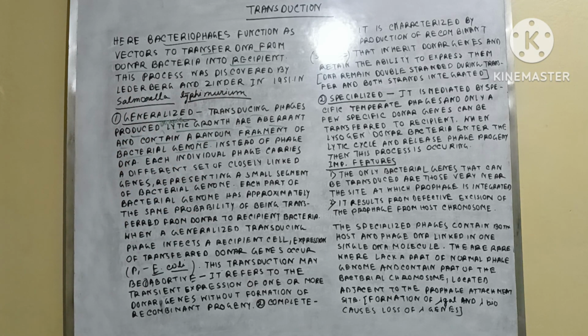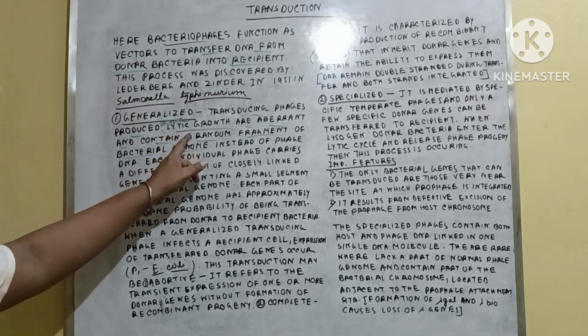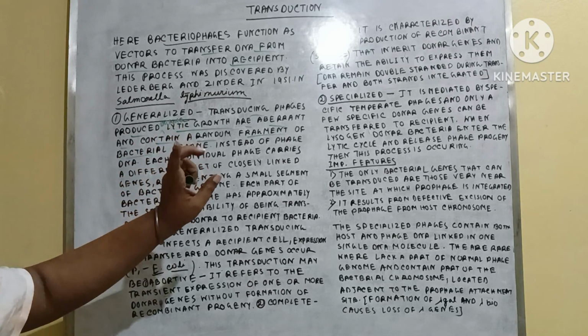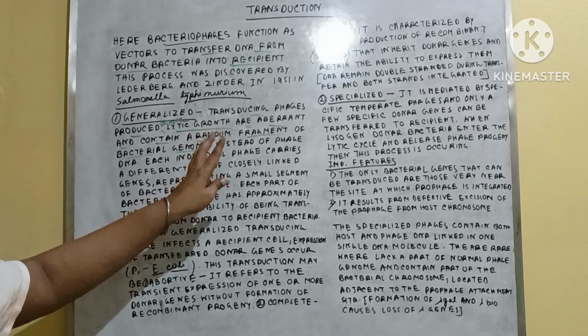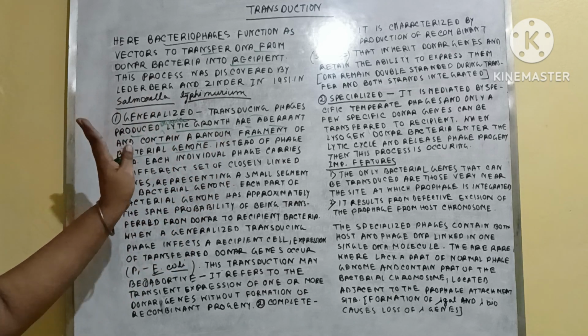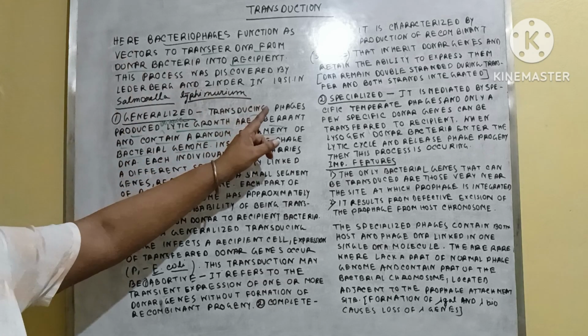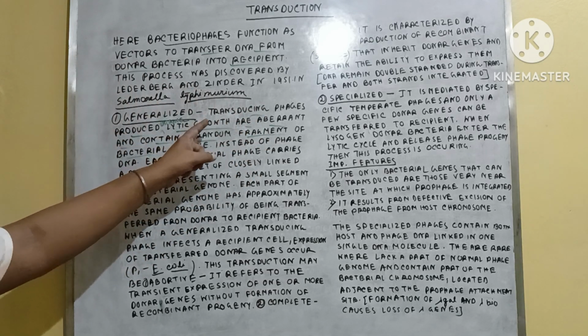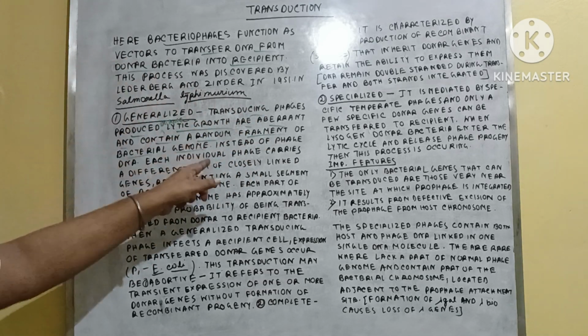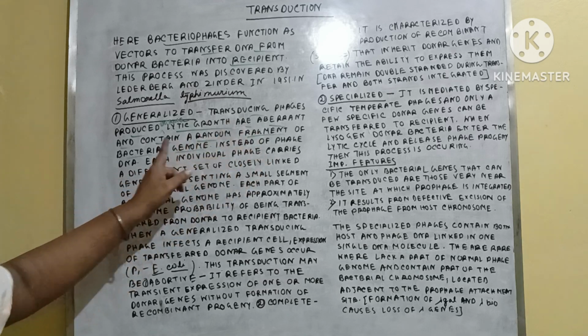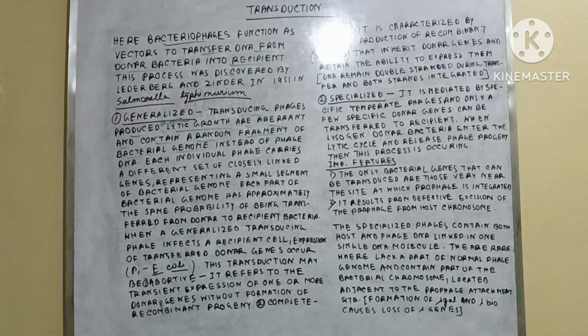I have already explained the lytic cycle and the lysogenic cycle on my channel, so you can check out what the lytic cycle and the lysogenic cycle are. This phage is produced only when the lytic growth is occurring, and in that situation a random fragment of bacterial genome is produced.